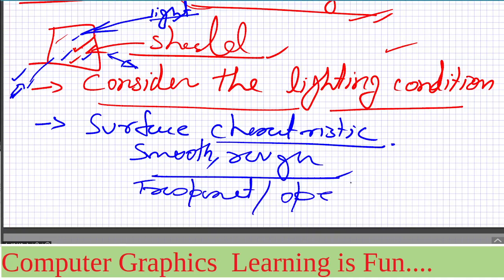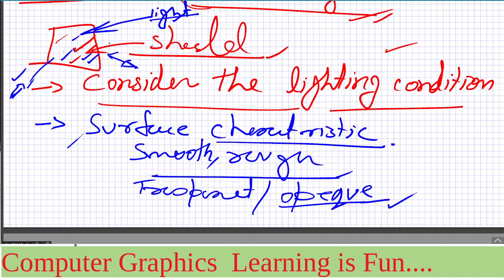Depending on these characteristics also, there should be a difference in the color, or how this surface should look.